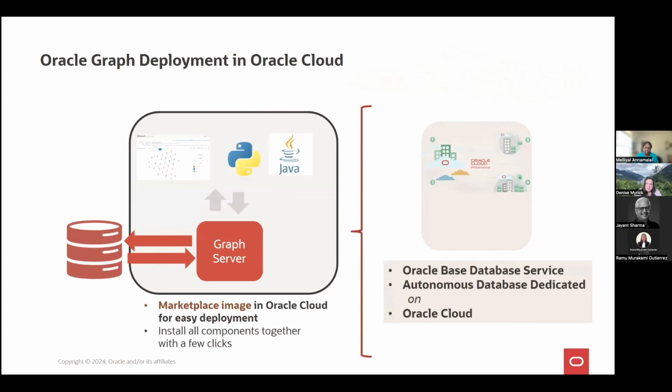So it makes it really easy to deploy all of these things in Oracle Cloud. If you're using this database on premises, there are a few more manual steps involved, like you would download Graph Server and Graph Client from the Oracle Software Delivery Cloud, and then install them yourselves in your own machine.